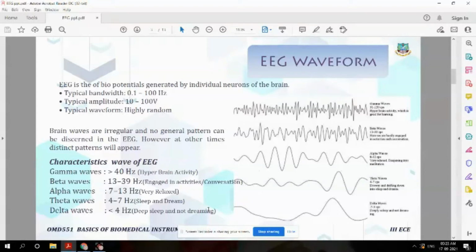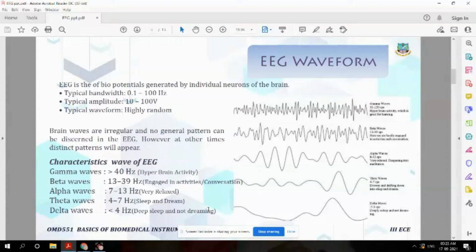Then we see the beta wave. The beta wave has a frequency of 13 to 39 Hz, and it appears when the person is engaged in activities. Just like when the person is very busy, the beta wave appears in his brain.